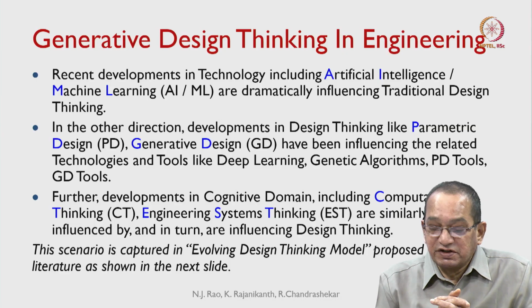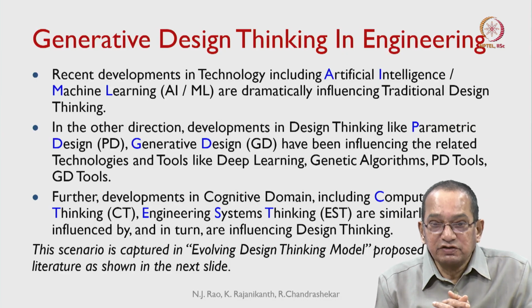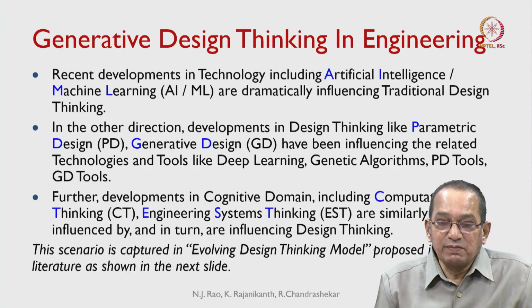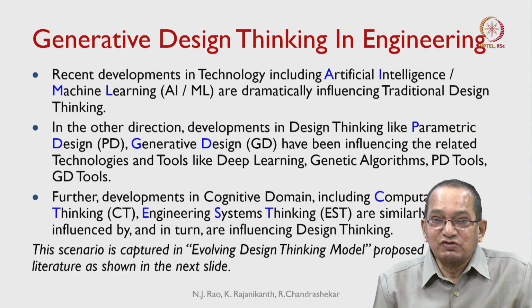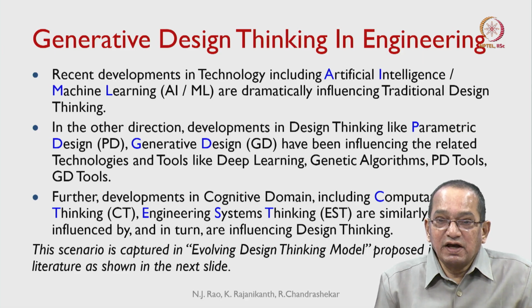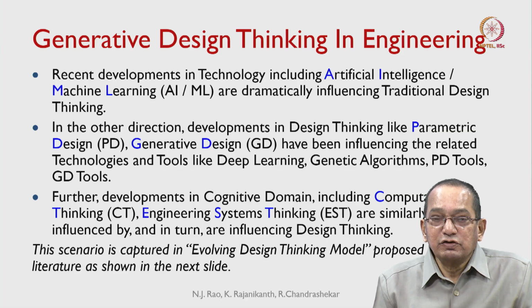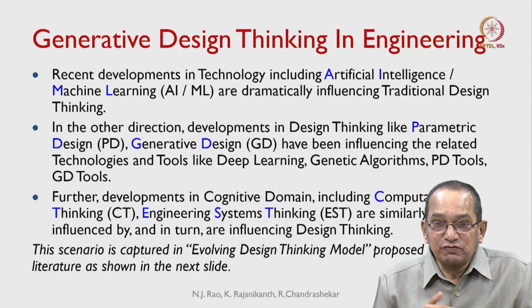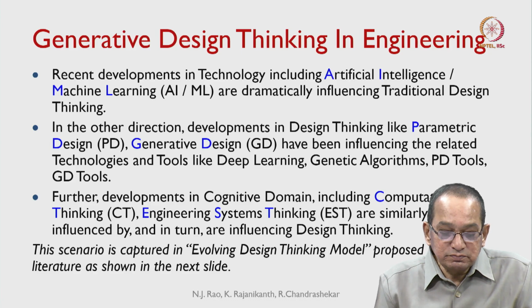So, traditional design thinking is going through a fair number of changes because of the influence of AI/ML, and of course, in turn the usefulness of AI/ML in thinking about designs also is undergoing changes. That is, the influence is reciprocal.